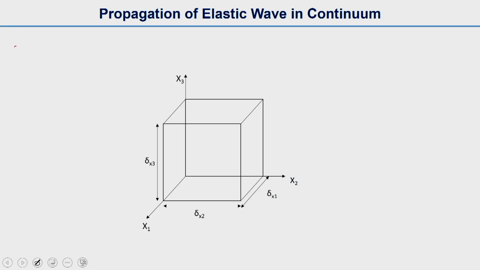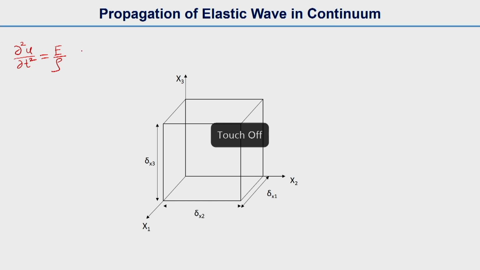So the equation for that we derived as the second partial of u with respect to time is equal to Young's modulus divided by rho, times the second partial of u with respect to x squared.